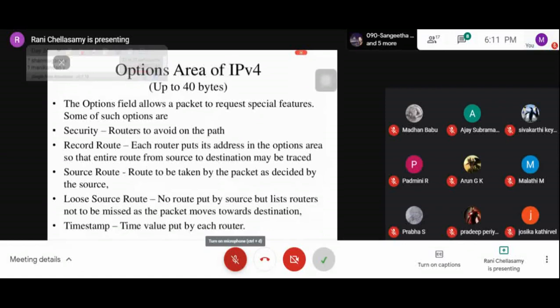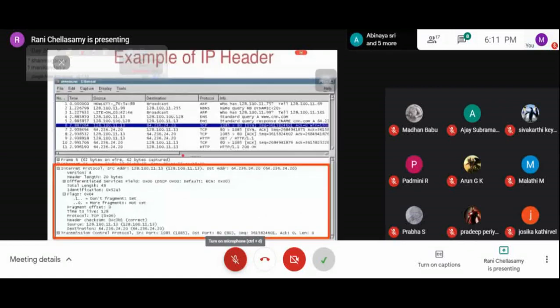This is an example of how the IP header packet will look. As we have seen in the format, first is the version, which is 4. It means IPv4 is used here, and the header length is 20 bytes.